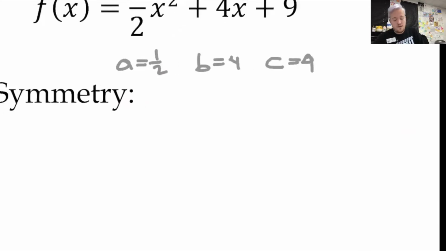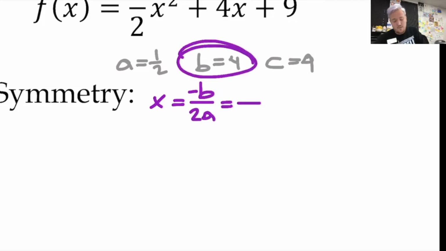All right, so I need to find the axis of symmetry, which is the opposite of B over 2A. Oh my gosh, everything's a disaster. There we go. Opposite of B over 2A. So I want the opposite of my B value. So I have a +4. The opposite of that would be a -4.